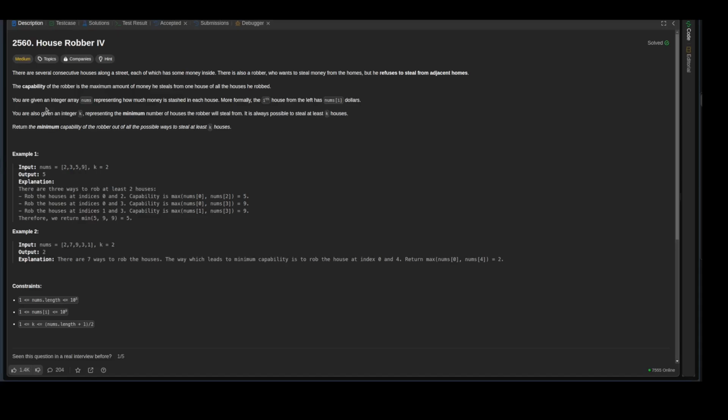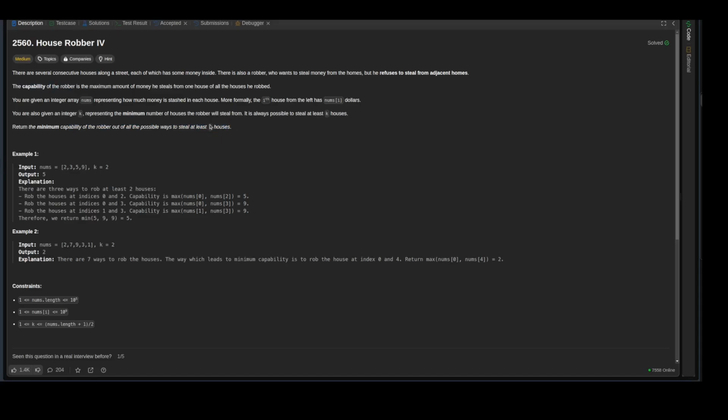Okay, so what they have told is this is the capability, and now what they want is the minimum capability of the robber, out of all the possible ways he can steal at least k houses.